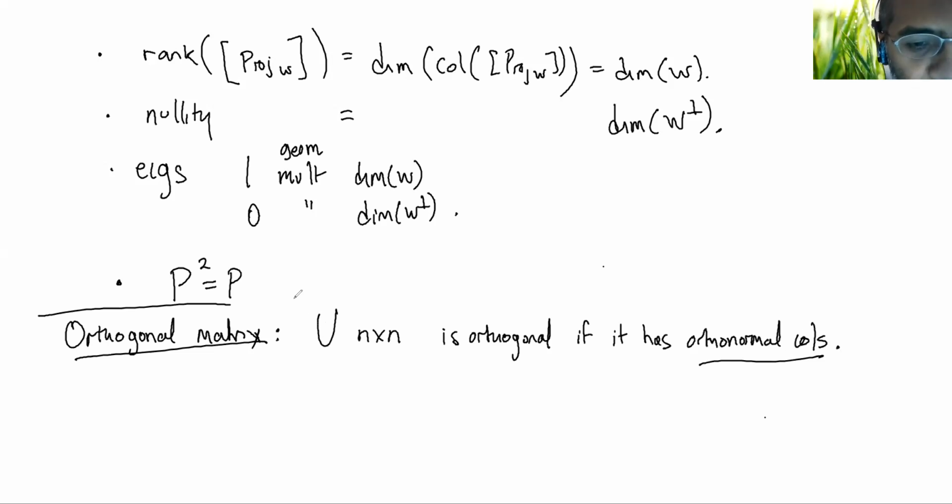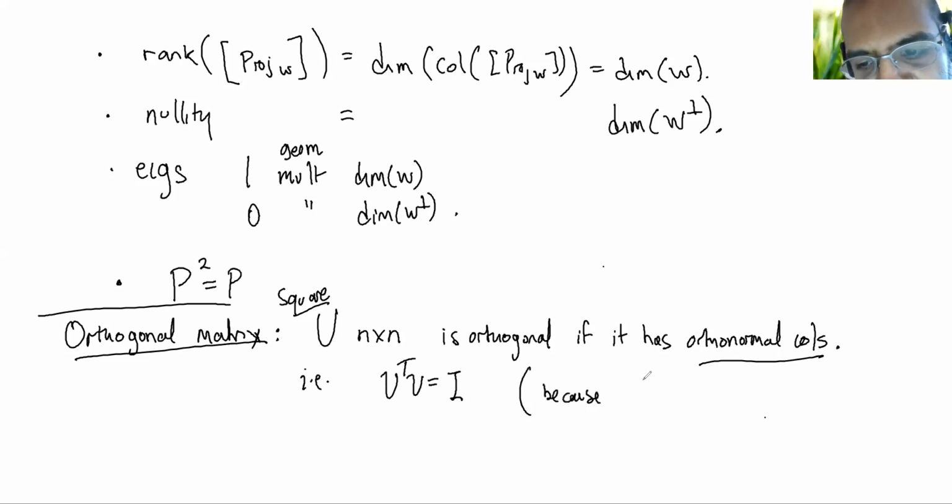Okay, so it has to be square. And a way to see this is, this is the same thing as saying U transpose U is equal to the identity. Why? Well, because same reasoning as in the normal equation slide, the ij entry of this is just going to be the dot product between the ith and jth columns of U.